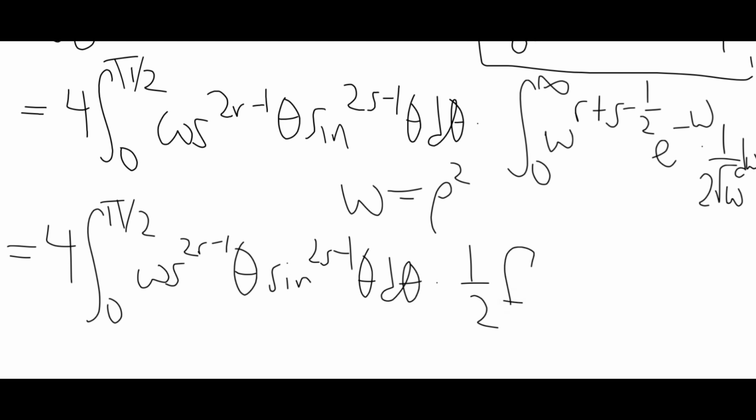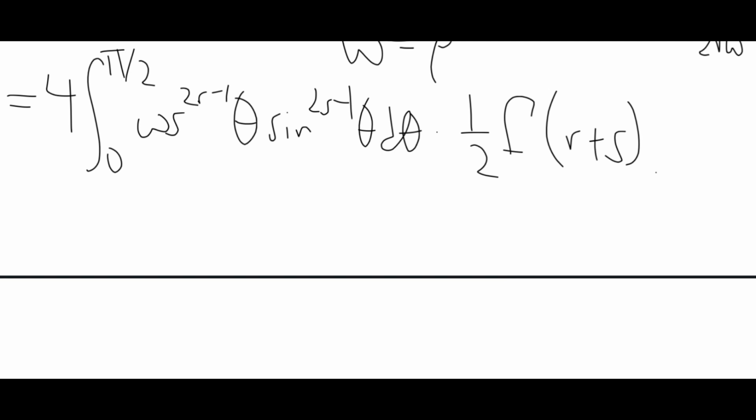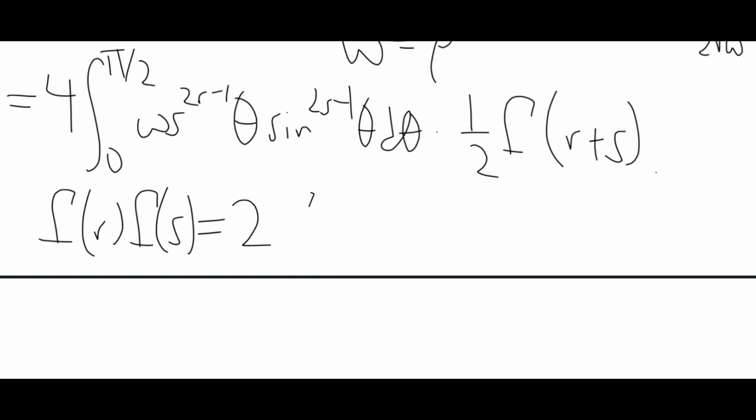Okay, and that's exactly gamma of r plus s. So finally, this shows that gamma of r, gamma of s equals, I combine the 4 and the 1/2, 2 gamma of r plus s times that trigonometric integral.